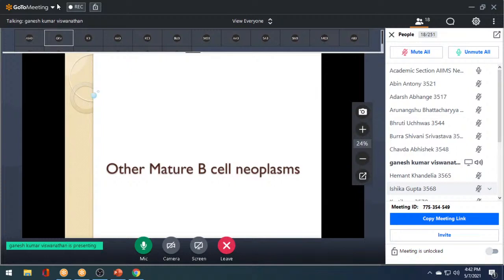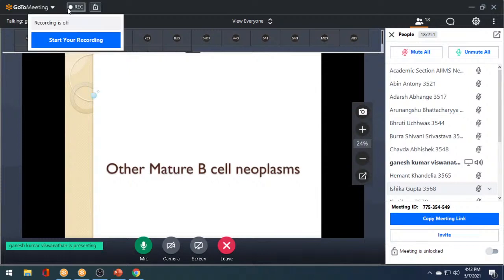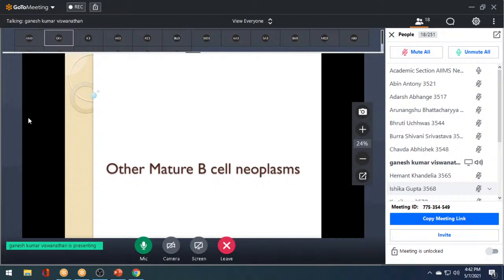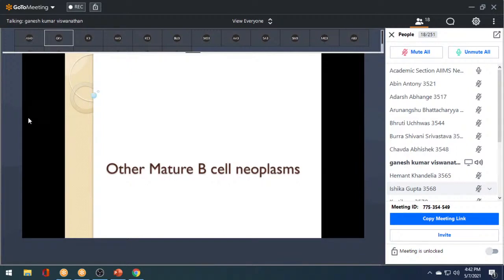We learned how to sub-classify these neoplasms, mainly using immunophenotypic techniques like flow cytometry in case of liquid samples, and immunohistochemistry in lymph nodal biopsies and bone marrow biopsies. And then we talked about other ancillary techniques, cytogenetics and FISH, to sub-classify these disorders.